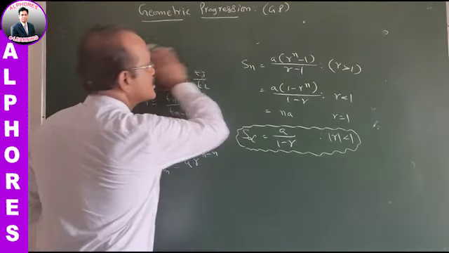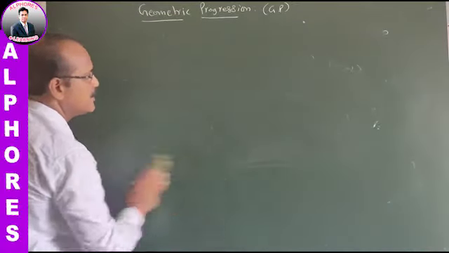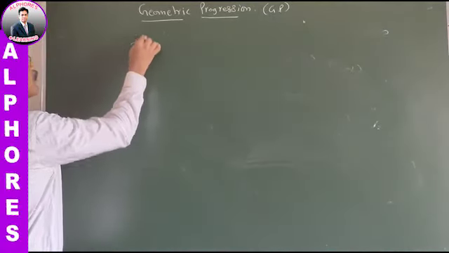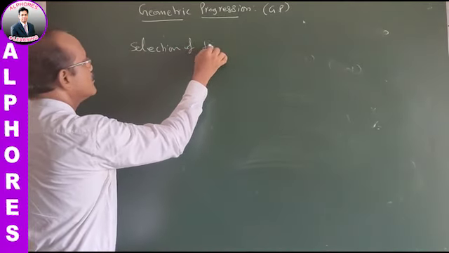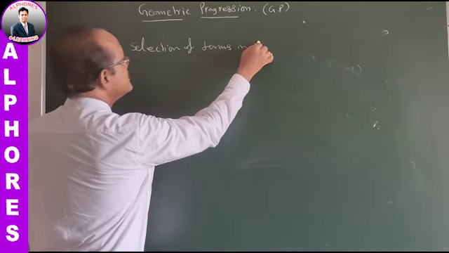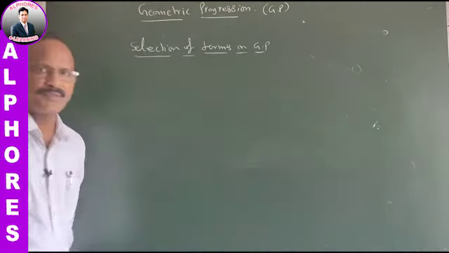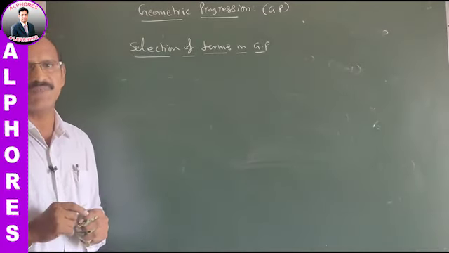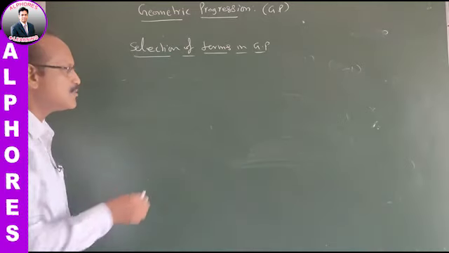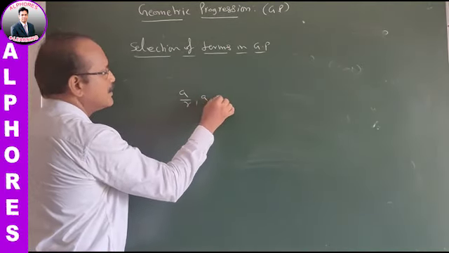that is, selection of terms in a GP. Right. Suppose you want to select or choose 3 terms of a GP. Then you may choose 3 terms in this manner: A by R, A, AR.